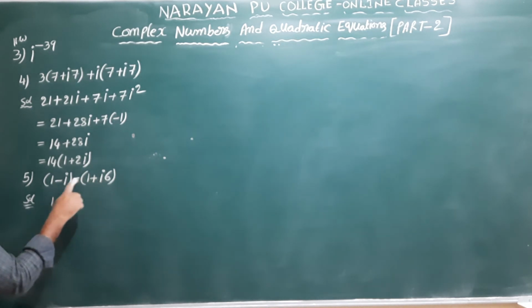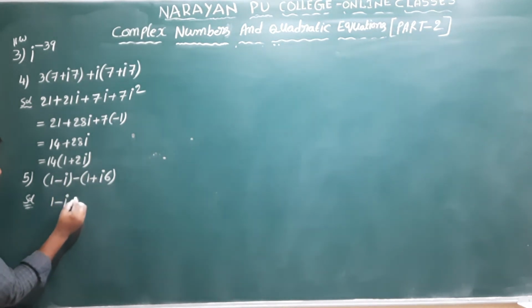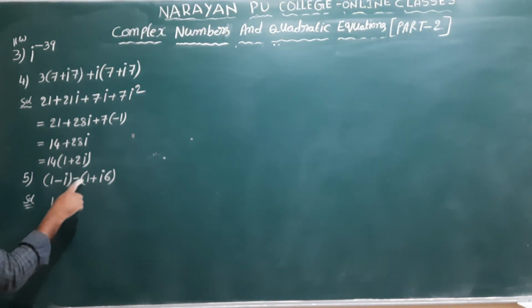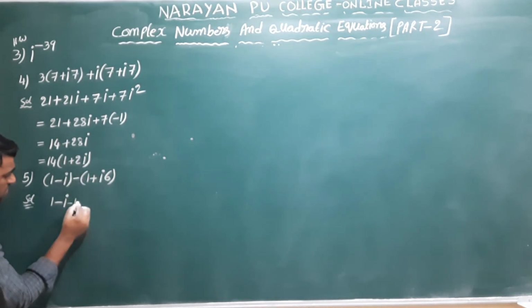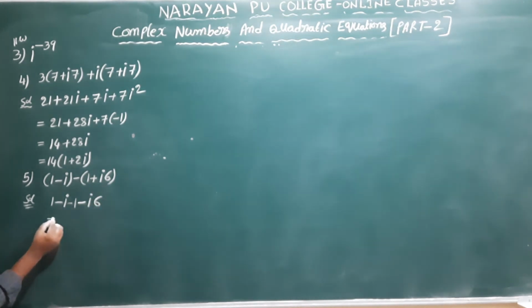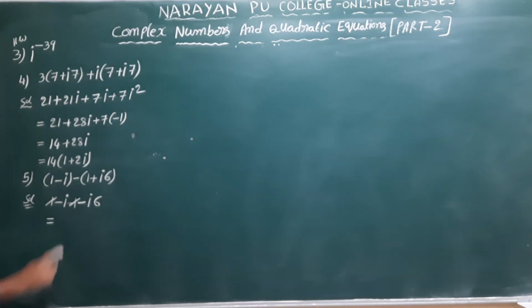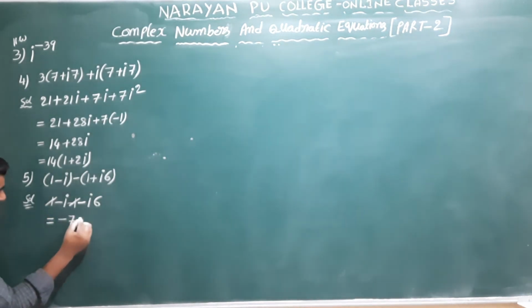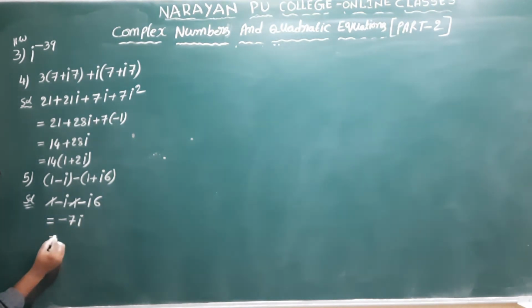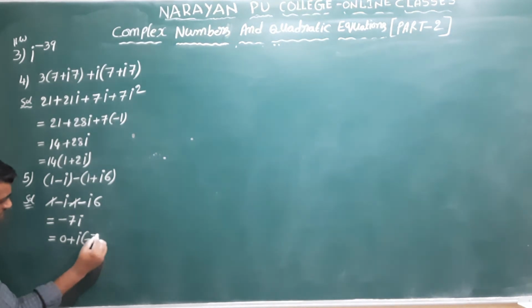This complex number multiply with minus: minus into 1, minus 1; minus into plus i6, minus i into 6. So first the real parts: minus 1 plus 1 cancel. Minus i minus 6i, minus 7i. So you can write this as 0 plus i into minus 7.